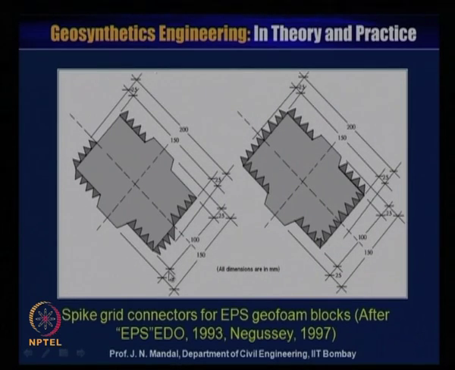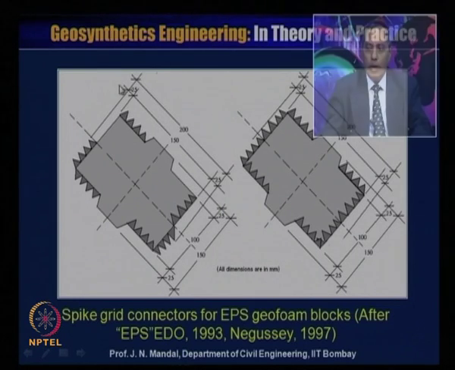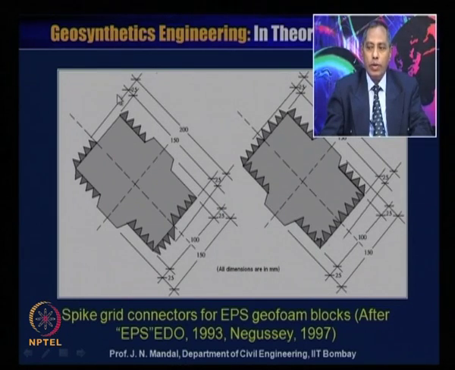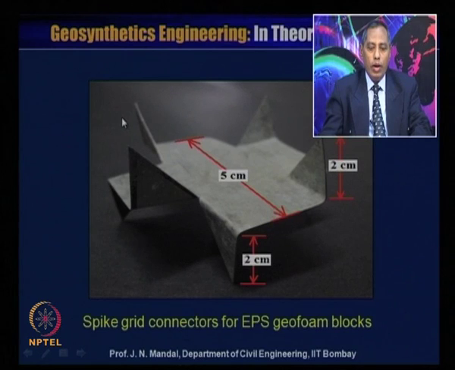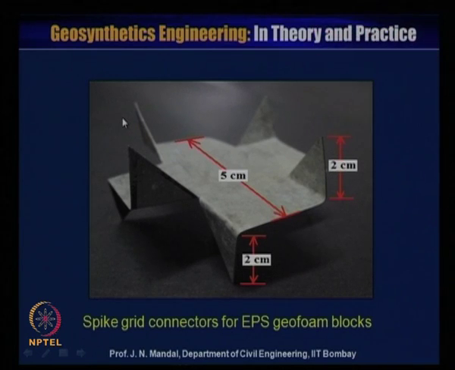This is 25 millimeter, this is 25 millimeter, this is 150 millimeter, this is 25 millimeter, this is 25 millimeter, and this is 200 millimeter. You can see the point that is sharpened galvanized mild steel on the top as well as in the bottom.